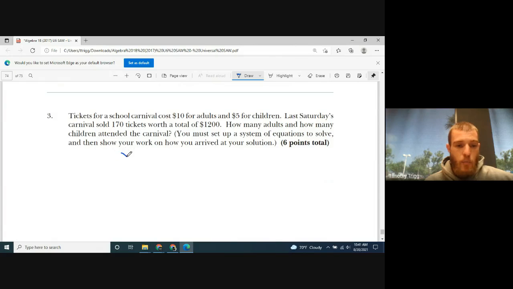We have x and y. So we're going to have x, and we might want to define our variables. It's always a good idea. If the question doesn't define your variables, then you probably should. So we're going to let x equal the number of adult tickets.